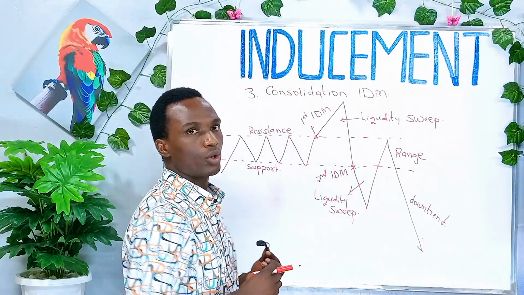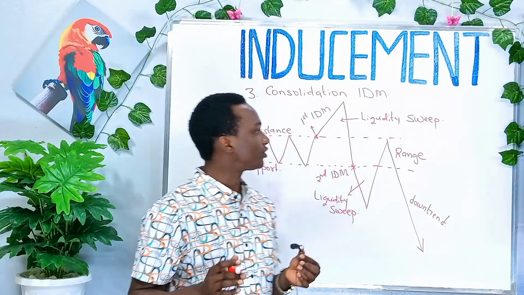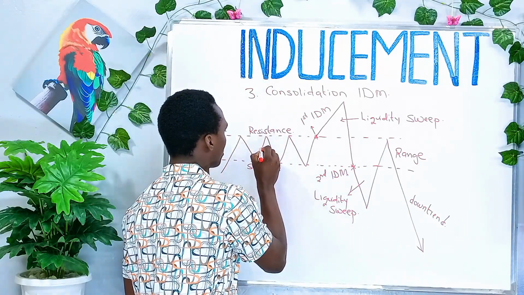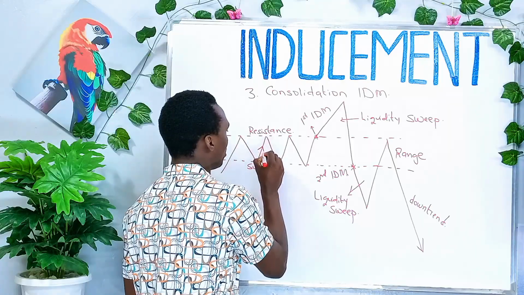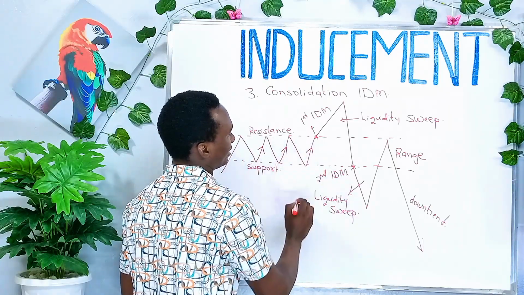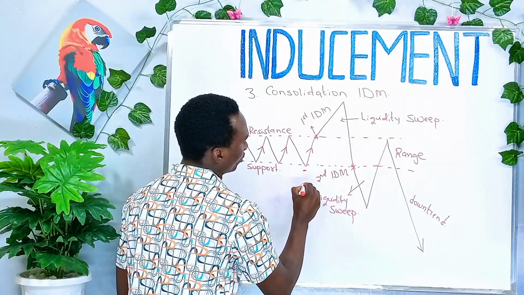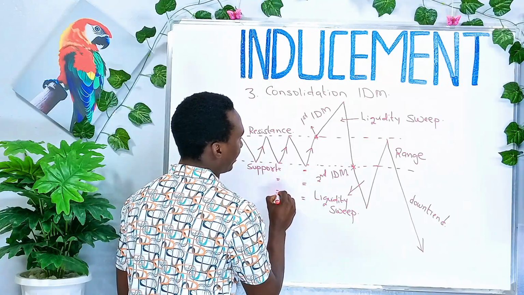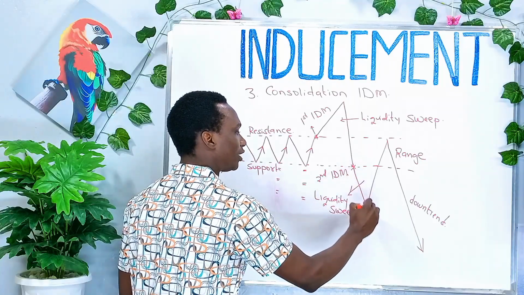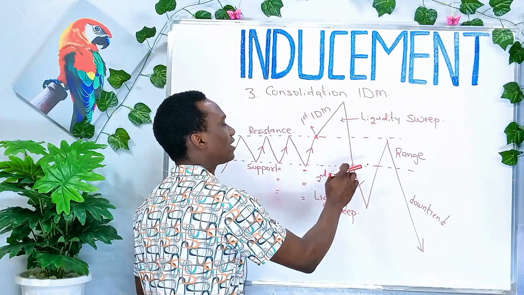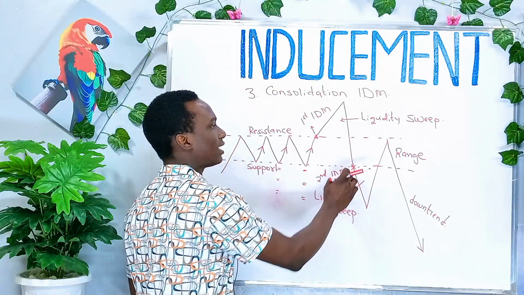So you see, a typical trader will trade this by buying at the support, like this and like this. They will place their stop losses there, and with this liquidity sweep, all of them are taken out, meaning that this one was an inducement level.